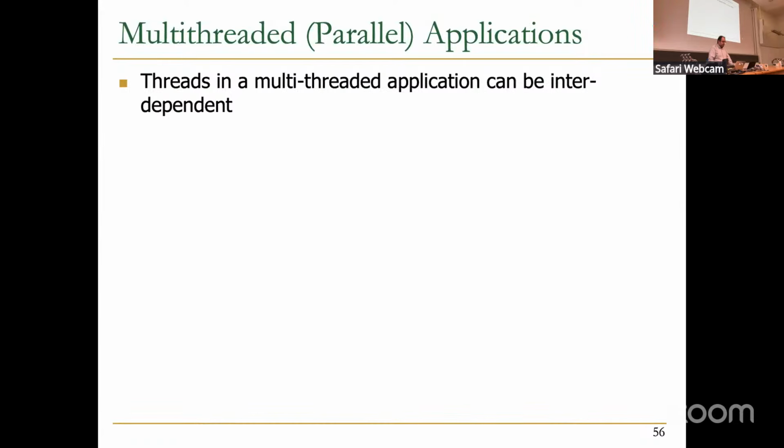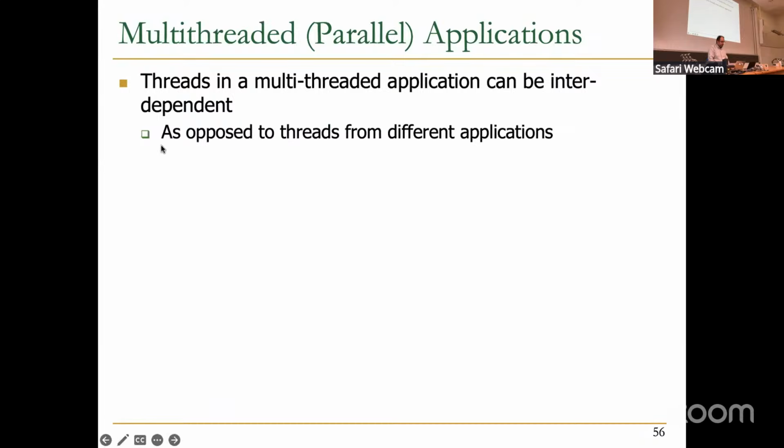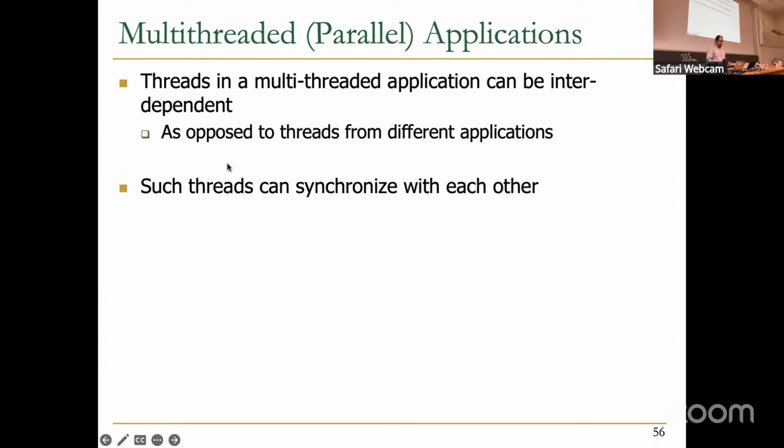In a multi-threaded application, threads can be interdependent, as opposed to threads from different applications. So your decisions across these threads can affect the overall performance of that application. That makes it very different in how we handle it.